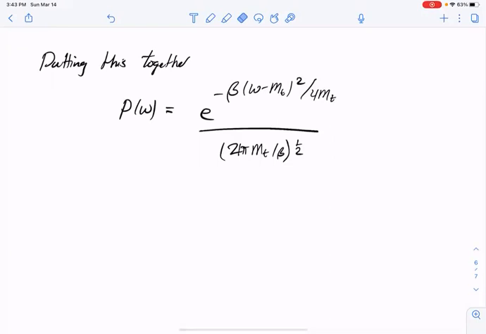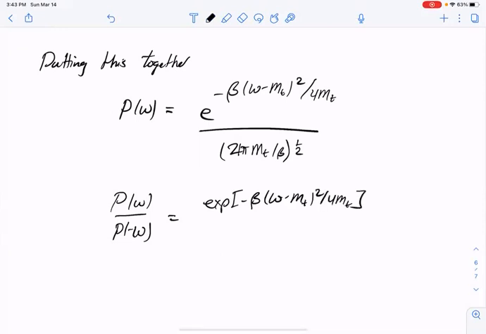If we look for this symmetry as expected from Crooks, those denominators cancel. I have in the numerator e to the minus beta W less its mean quantity squared divided by 4 its mean. In the denominator, minus beta W minus m of t.